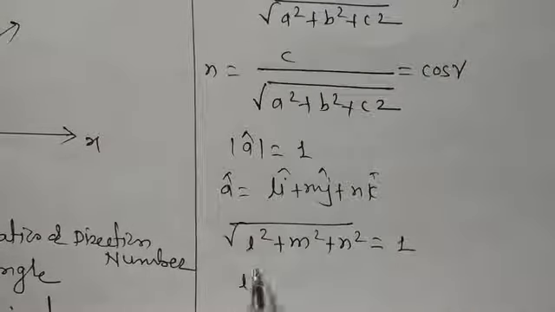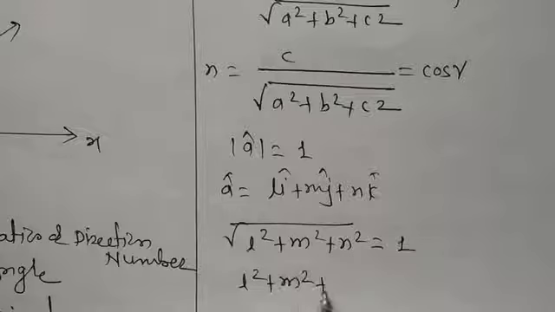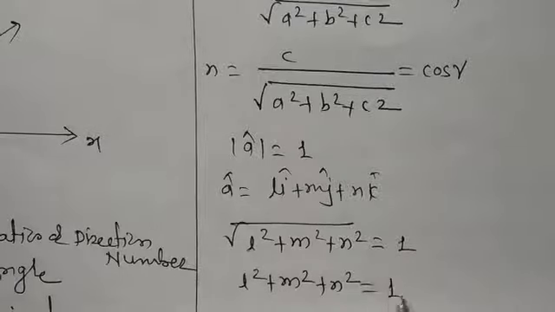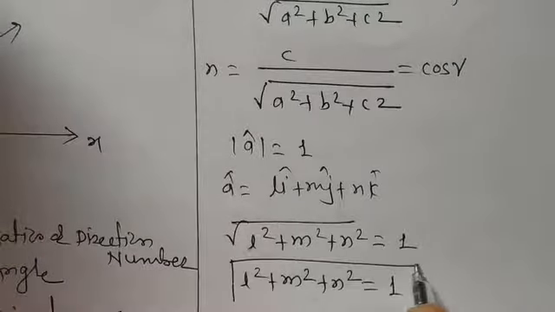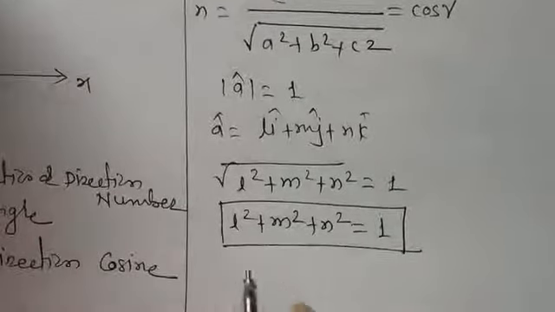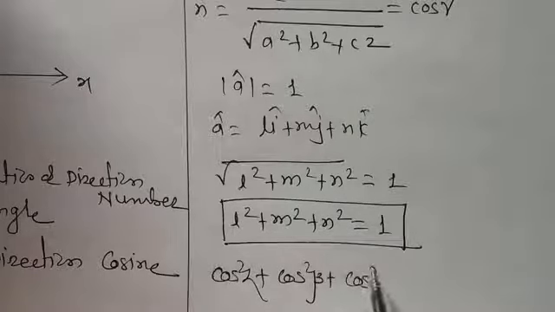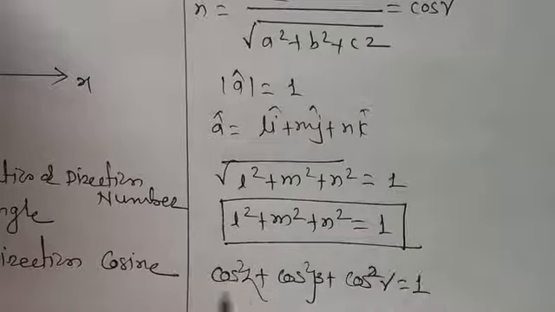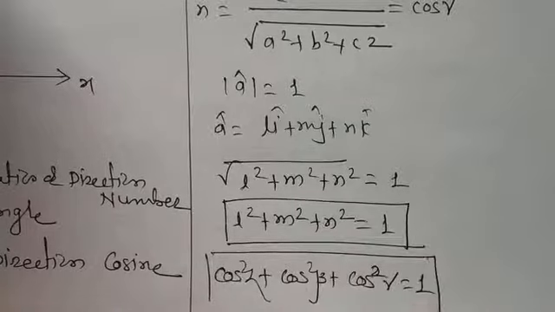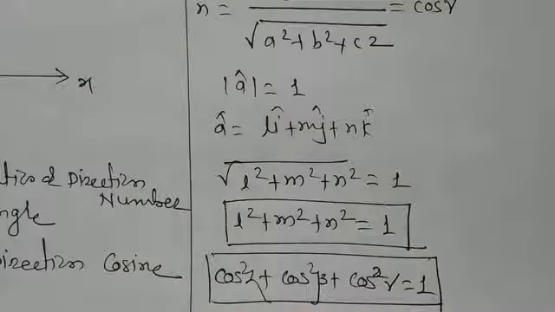That happens: L square plus M square plus N square is equal to 1. This is the relation between direction cosines. That means cos square alpha plus cos square beta plus cos square gamma is equal to 1. So that is a relation between the direction cosines.